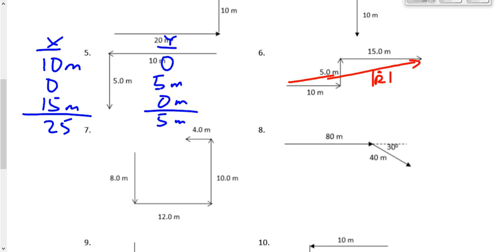This is where some people stopped on their homework, because they're like, well, I added those vectors together, right? No, I've partially added them together, but the sum of the vectors is this: 25 and 5. We still have to find this resultant vector that goes from start to finish.